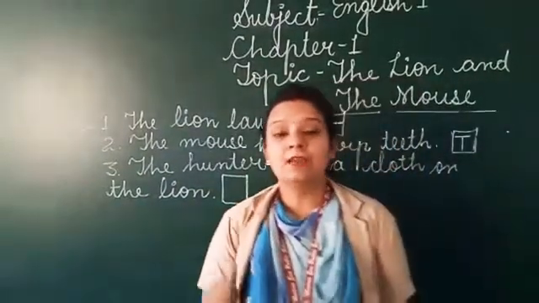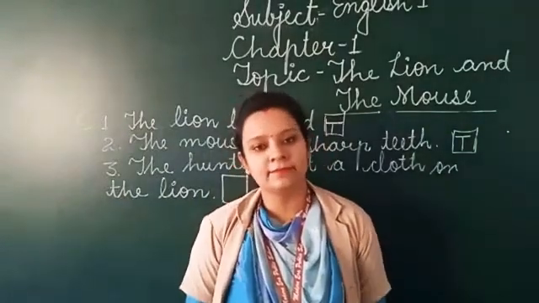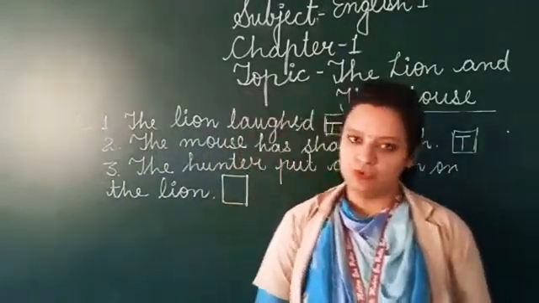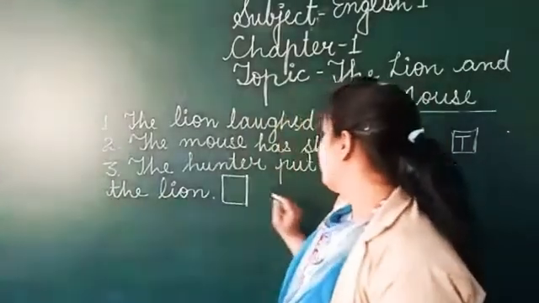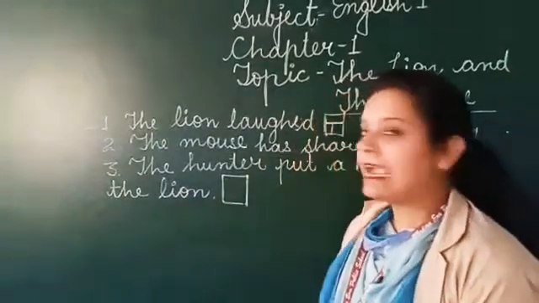Okay, students, tell me what did the hunter put on the lion? Cloth or net? Net. Yes, you all are right. So the hunter put a cloth on the lion is a false statement. So we will write here F.